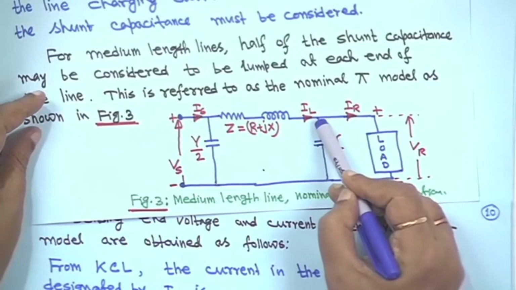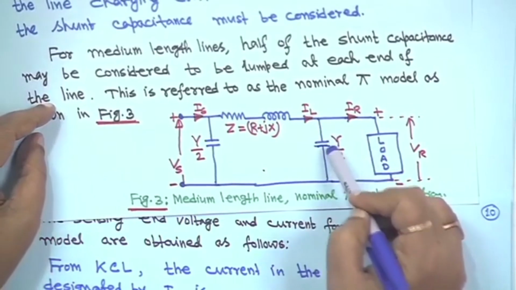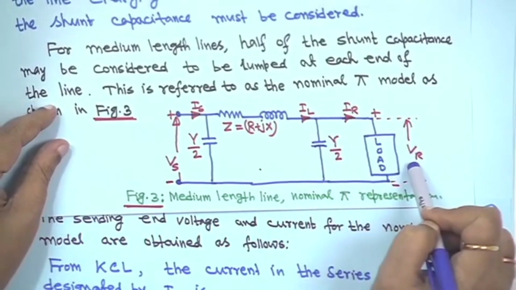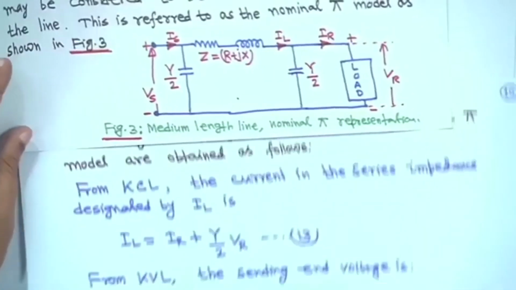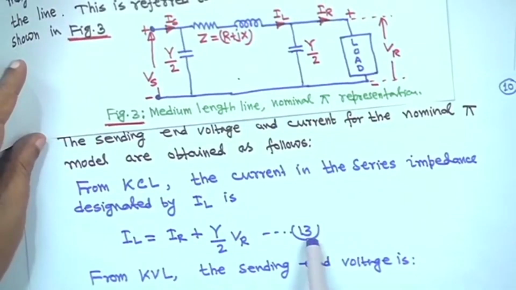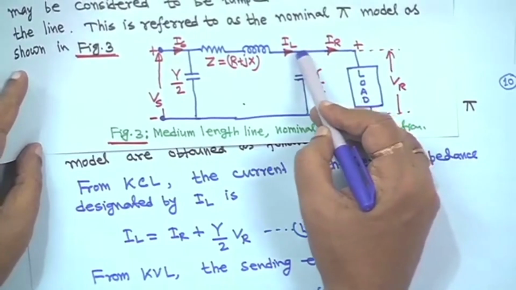IL is equal to IR plus the current through the shunt admittance, Y by 2 into Vr. So from KCL, the line current IL is equal to IR plus Y by 2 Vr. This is equation 13.